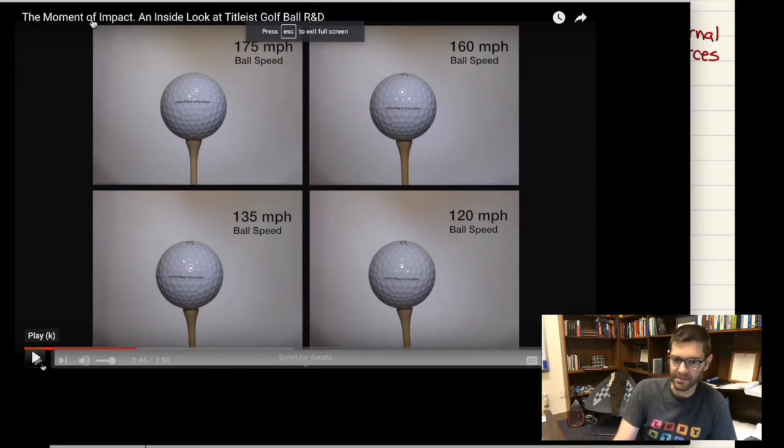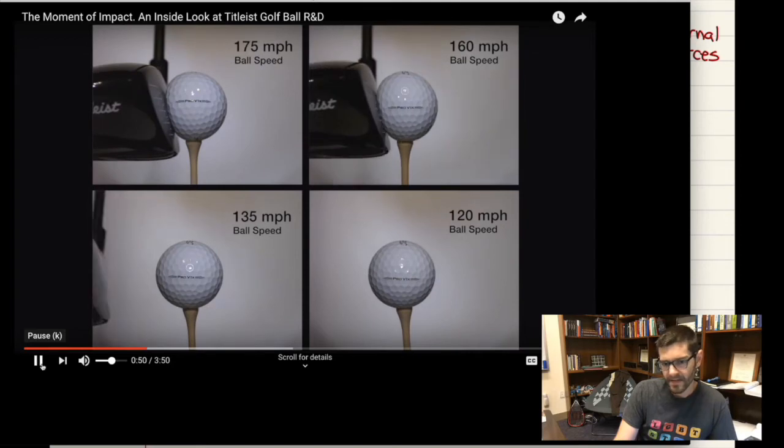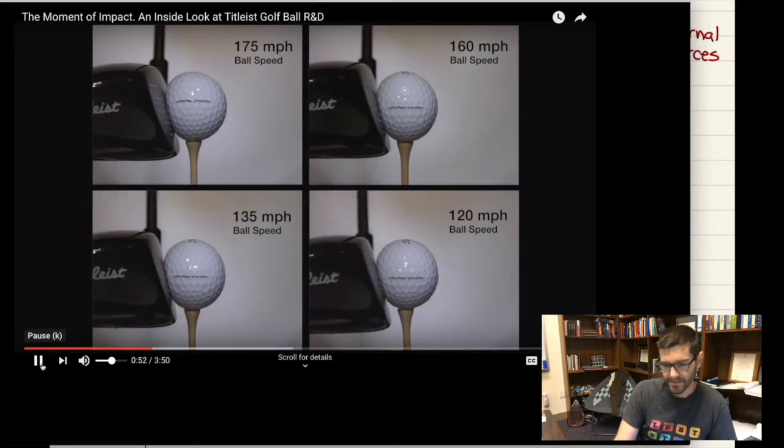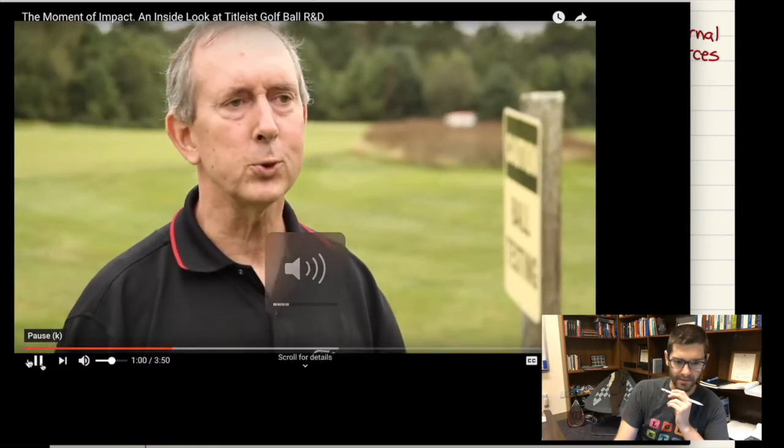So a golf club is going to come swinging, apparently at different speeds. Or these, I guess, are the resulting speeds of the ball. But in all the cases, the point to take away here is that you see the golf ball does actually change shape in all of these cases. And then when the movie moves forward, the ball essentially pushes itself off of the golf club.